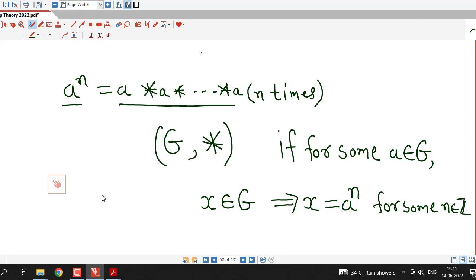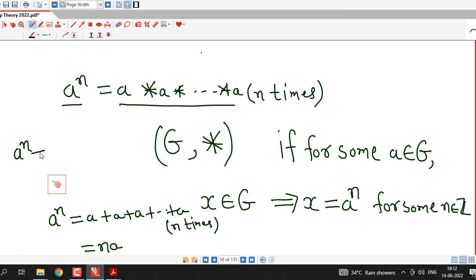If I have the addition operation, then A raised to n will be equal to A plus A and so on up to the last term A, n times. So this is going to be n times A. If it is multiplication, then A raised to n will be equal to A into A, n times.